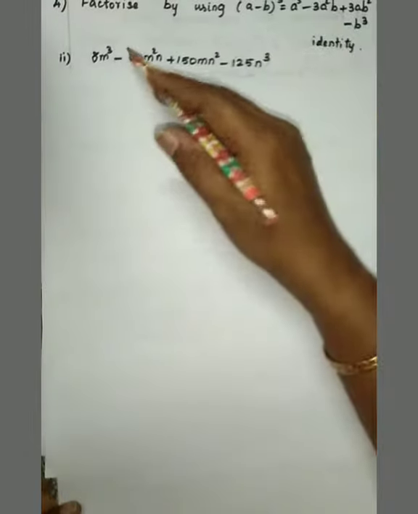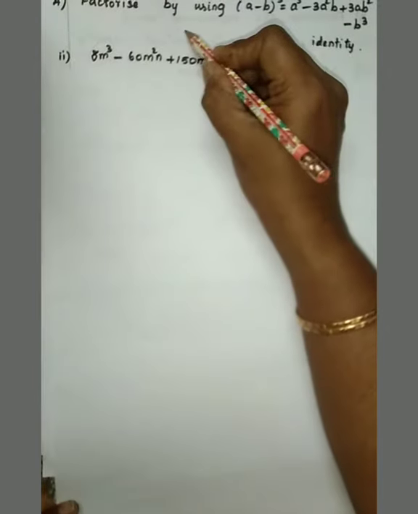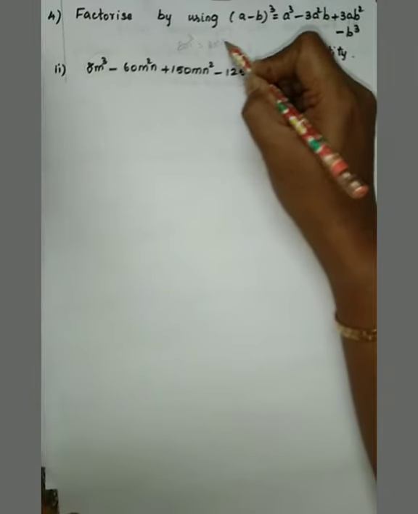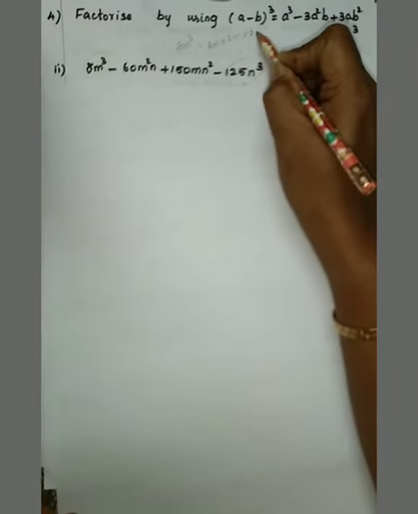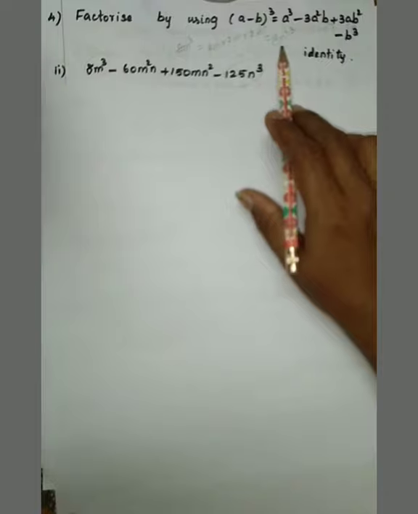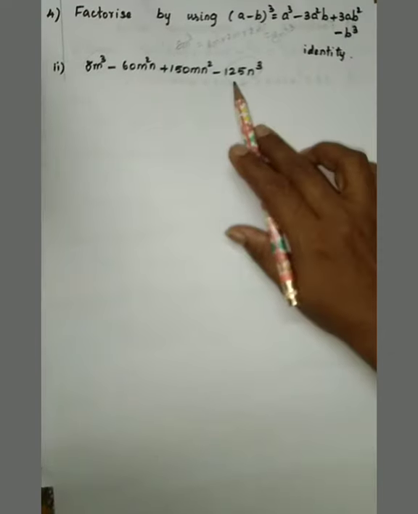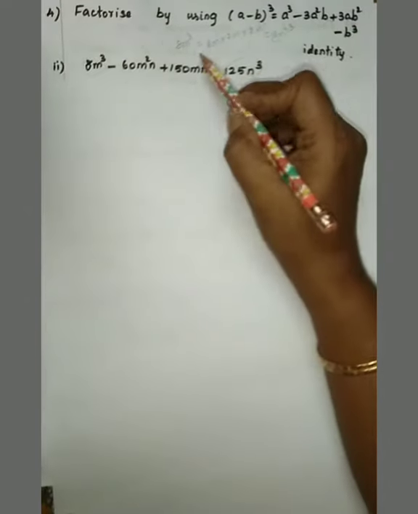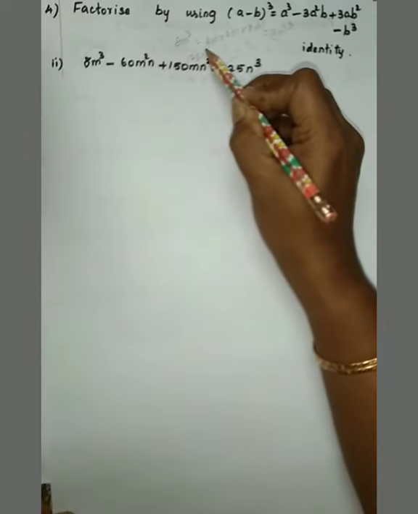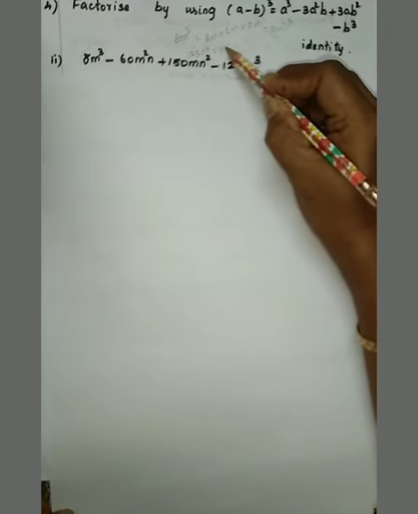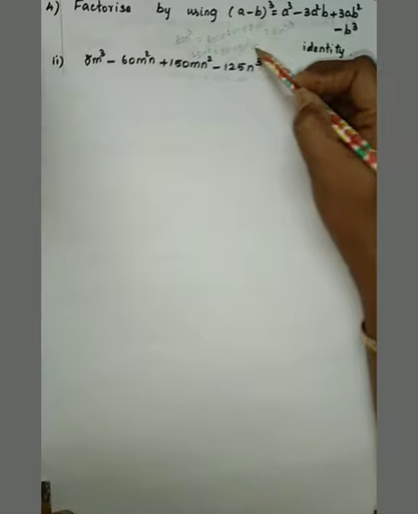This 8m cube can be written as 2m into 2m into 2m. So directly it can be written as (2m) the whole power 3. The same with 125n cube. So 125n cube is 5n into 5n into 5n. So 5 5s are 25, 25 5s are 125.